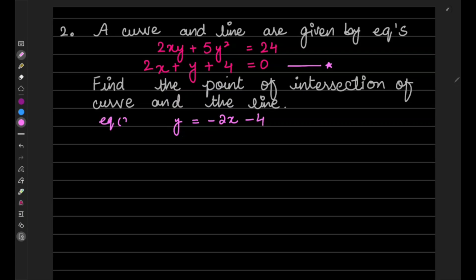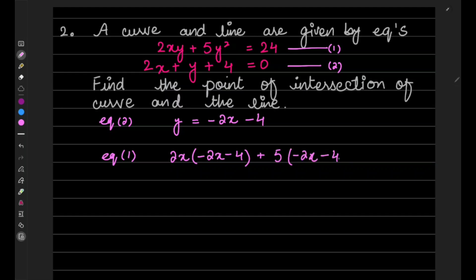From equation 2, and substituting into equation 1, it will become 2x times (-2x - 4) plus 5 times (-2x - 4) squared equals 24.